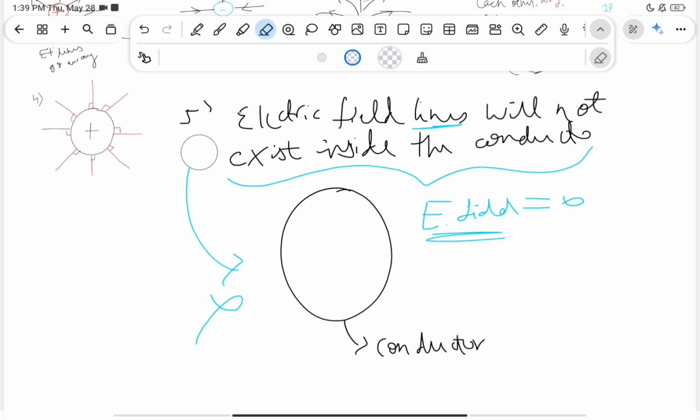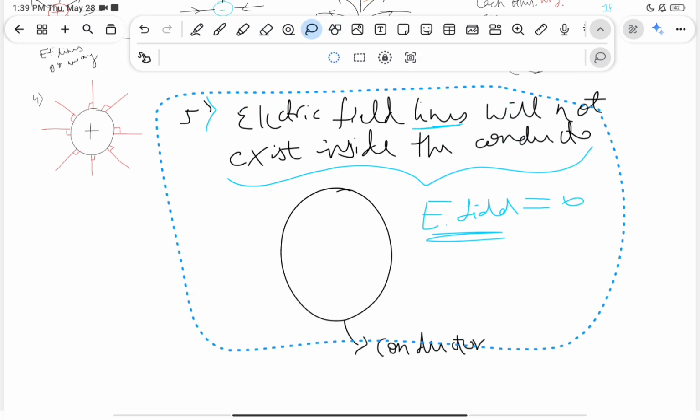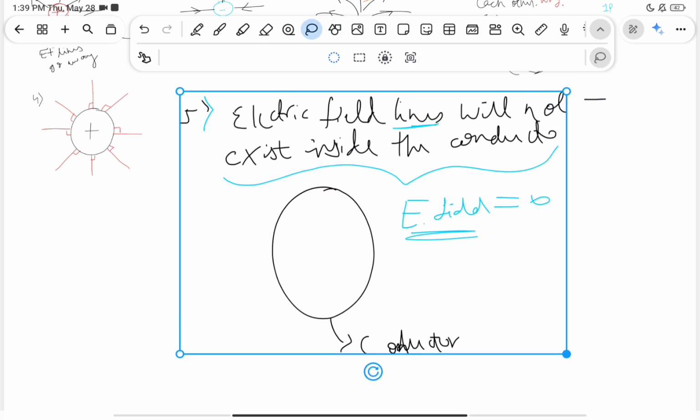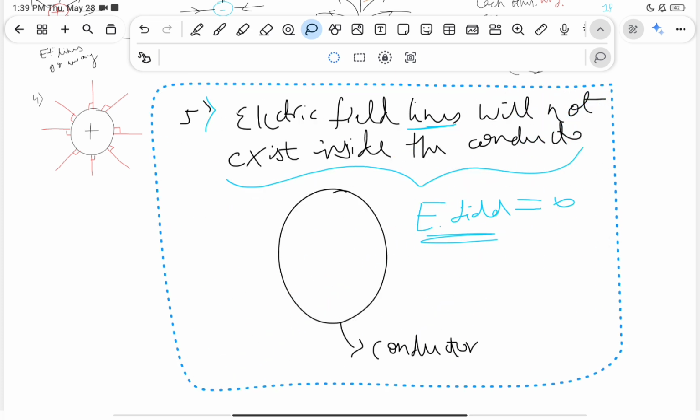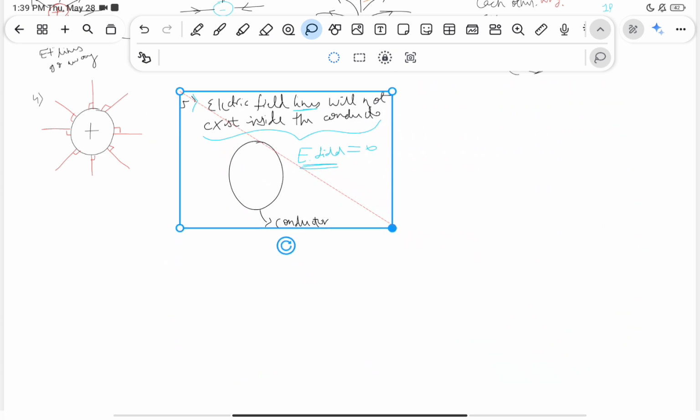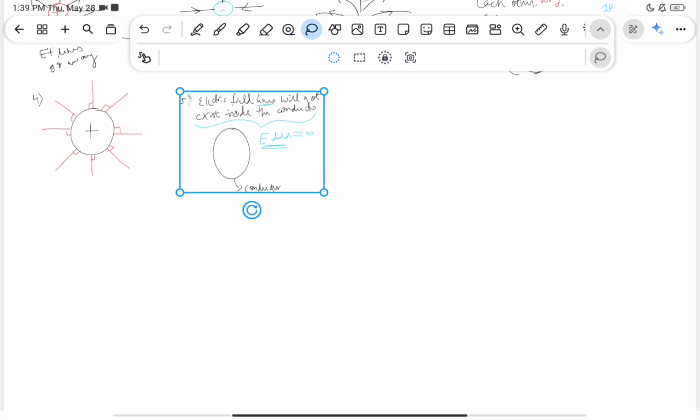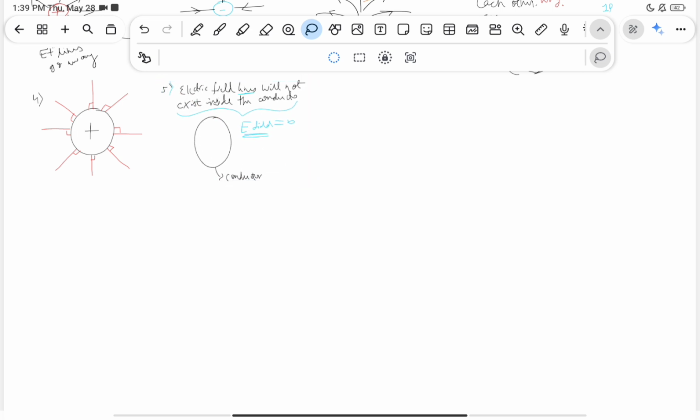It is much more important to understand that the electric field and electric field lines both are 0 inside the conductor. Okay, right. This was our fifth property.